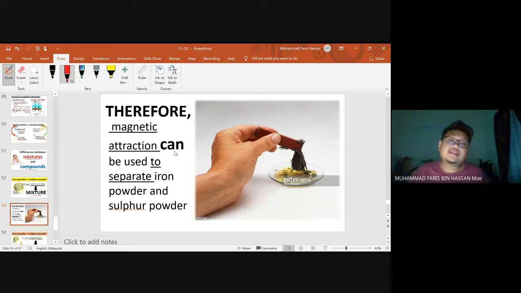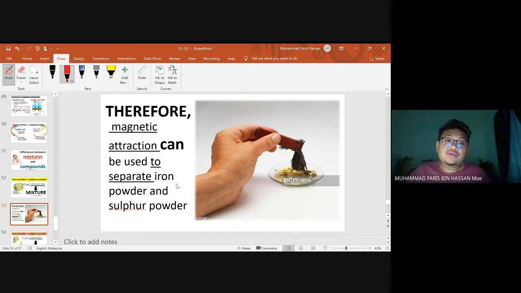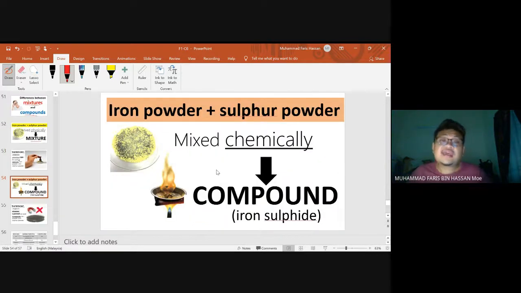When we use a magnet, we can separate the iron powder and sulfur powder, where the iron powder is a metal, so it will be attracted to the magnet, but the sulfur won't be attracted to the magnet. So the mixture of iron and sulfur powder is still a mixture.